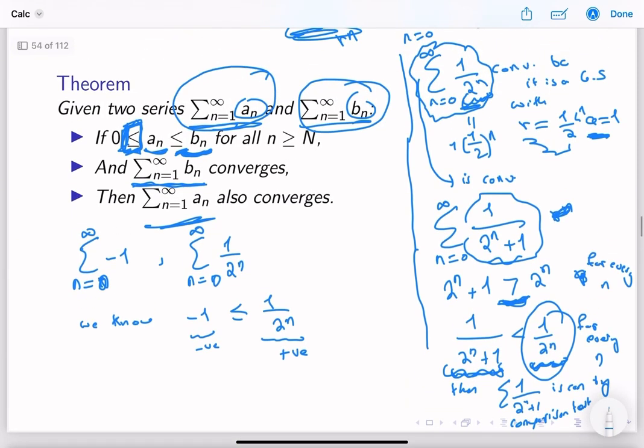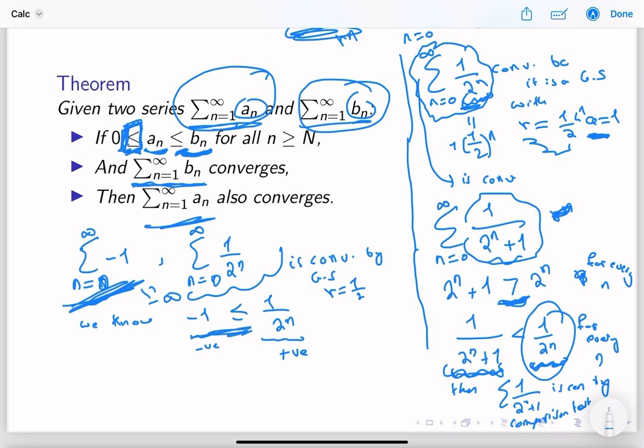However, though this is convergent by the geometric series with r equals half, this thing is not convergent. If you sum -1 infinitely many times, you will get negative infinity, right? So you know for sure that this thing is not convergent, though we have this inequality.